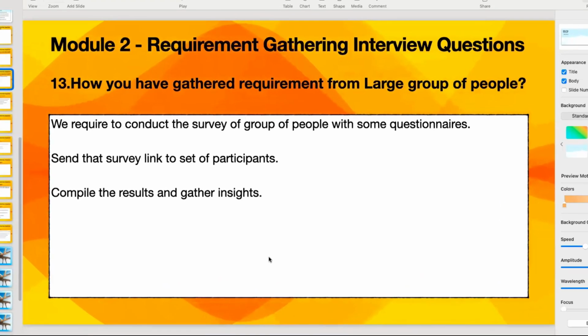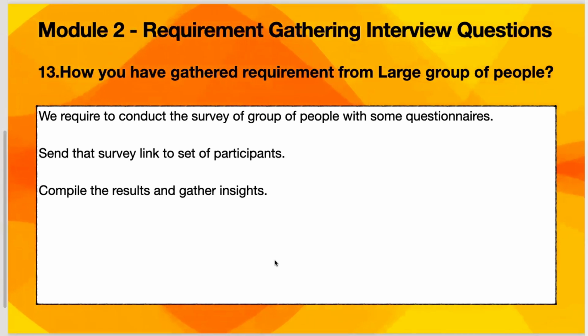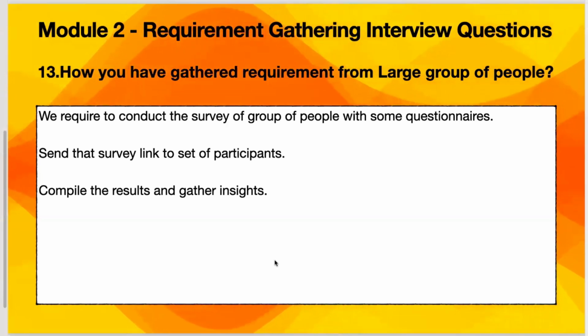Group of people. So you can always say that, yes, I have used surveys to gather requirements from a large group of people. When we say surveys, it is with specific questions, and it can be through paper, or you can send a survey link, or you can create a Google form and share it with the stakeholders and get the feedback.